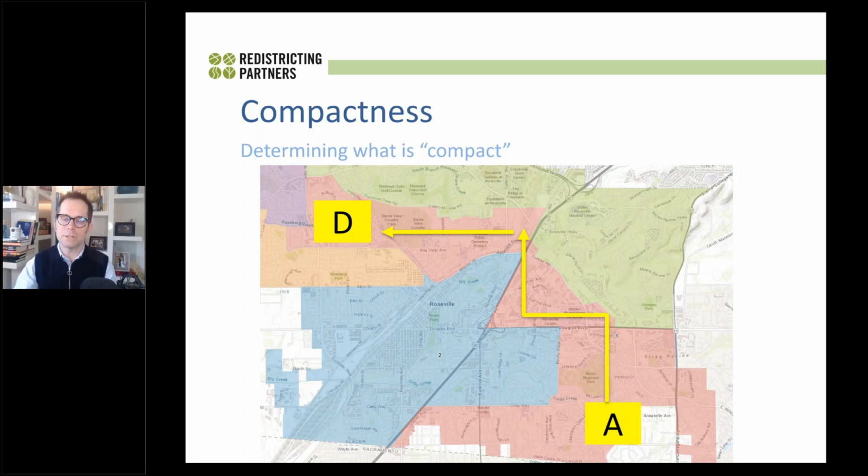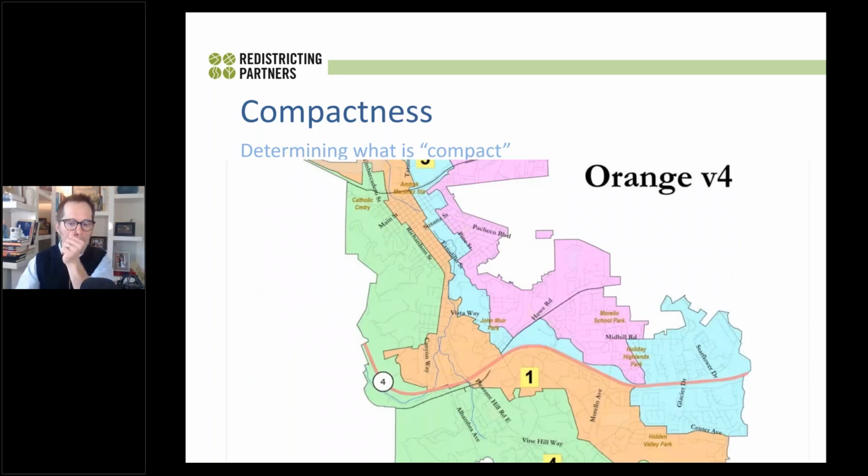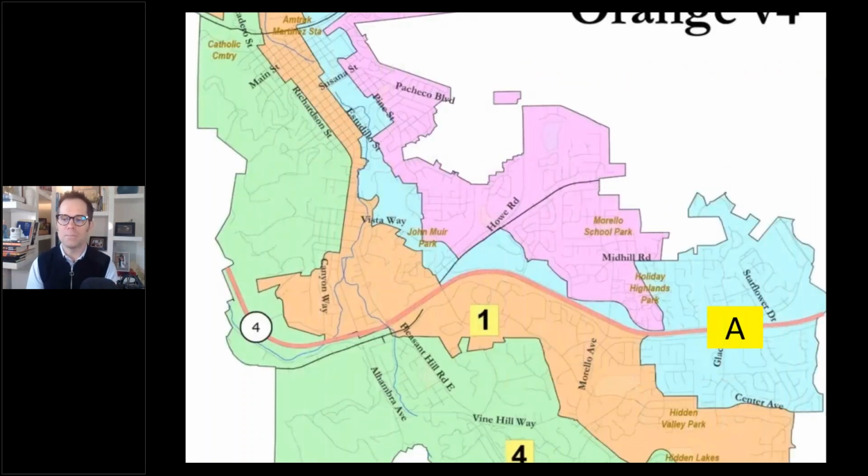Let's look at another example. This is another city, and I'll do it a little quicker because we've got this area A here on the east side again. And this city's redistricting looked at that area B over there, and instead of drawing A with population nearby, it danced all the way through and across to get to this area B. That clearly seems to me like violating the principle of not bypassing nearby population for further away population.